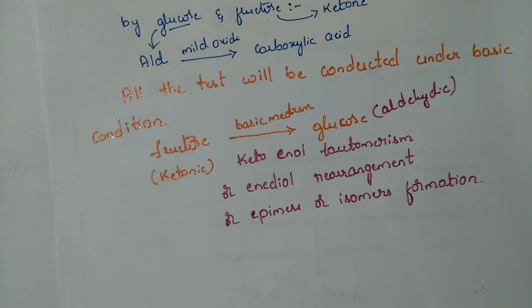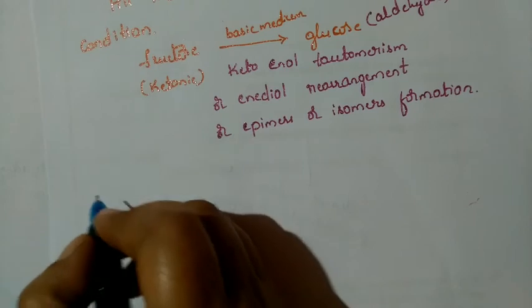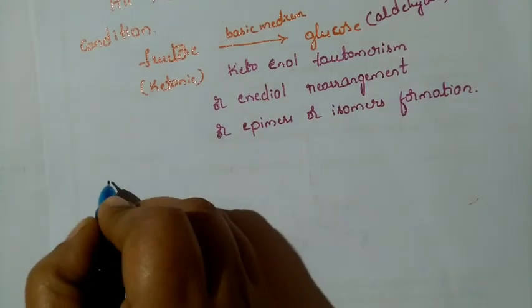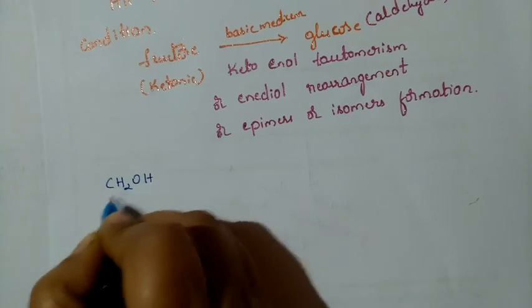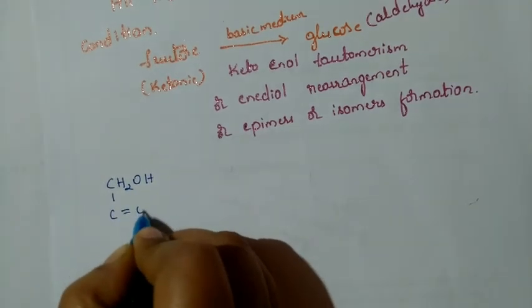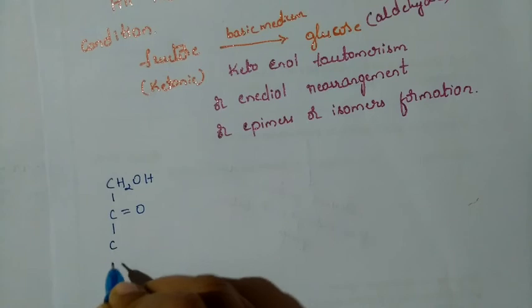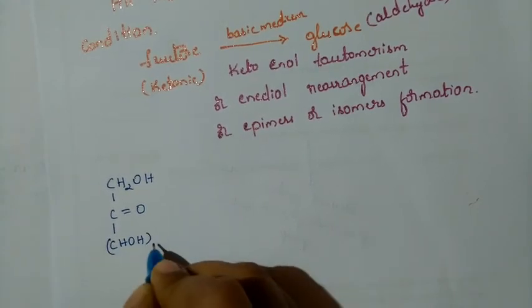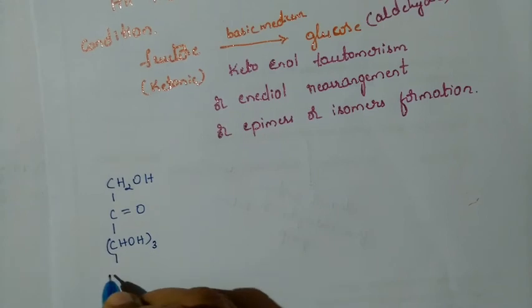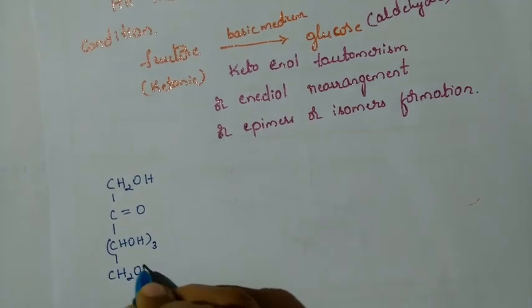Follow this. We shall now see how this keto-enol tautomerism, or enediol rearrangement, takes place. Fructose we shall write as CH2OH, then C double bond O, and then CHOH three times, then CH2OH.